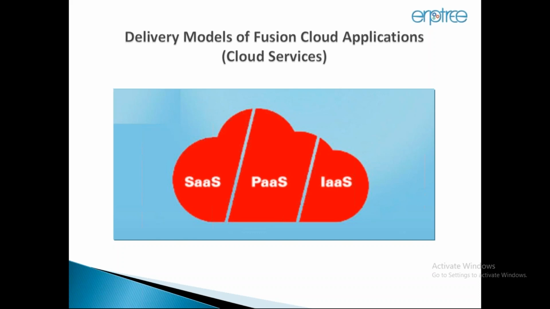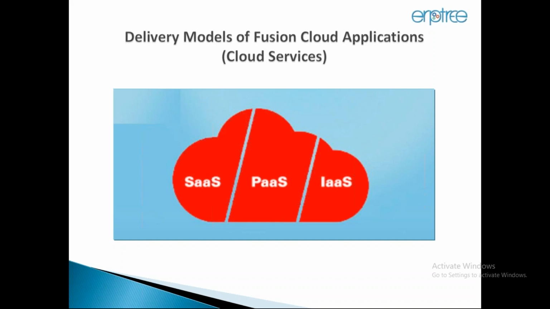Here you are allowed to work with integrations and Java Cloud Services, where you can use any programming languages to build new applications and also work in sync with your Fusion Cloud applications. So that is what your PaaS is all about. And the other one is infrastructure as a service.